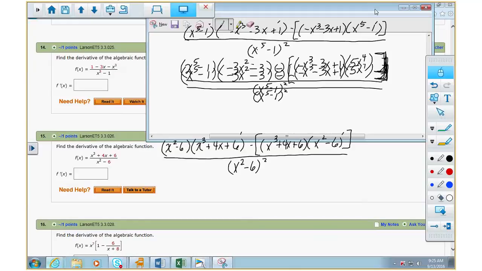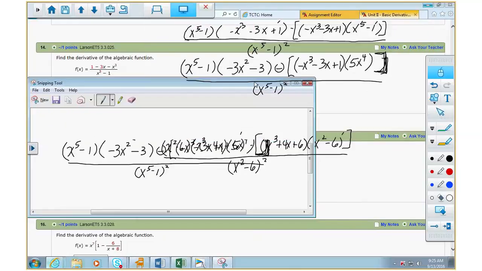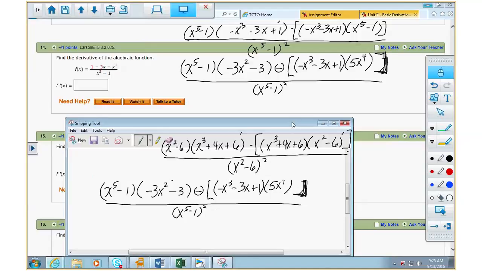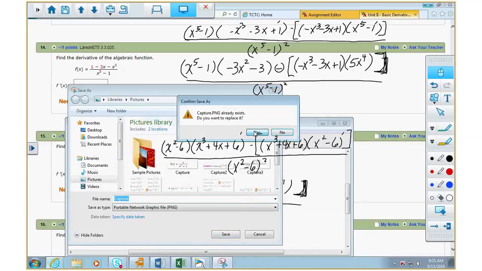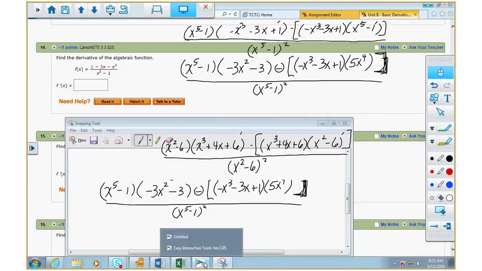I don't know what I did. Oh, there we go. Okay, make sure that's 5x to the 4. Make sure I got everything. I did. So let's save that. And let's go to the whiteboard.